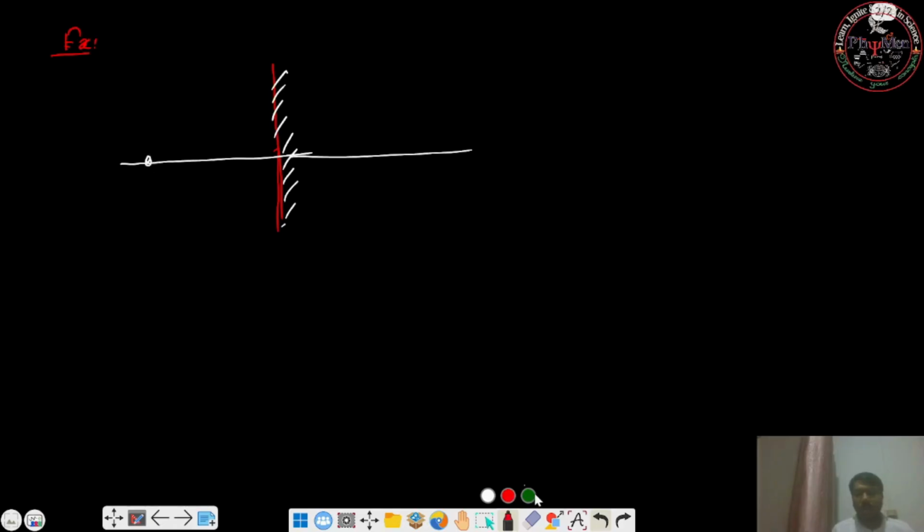Suppose this is our object here, okay, and this object is moving with a velocity of 2 meter per second, obviously with respect to ground. So velocity of the object with respect to ground is given as 2 meter per second, ঠিক আছে? And velocity of image with respect to ground we need to find out.